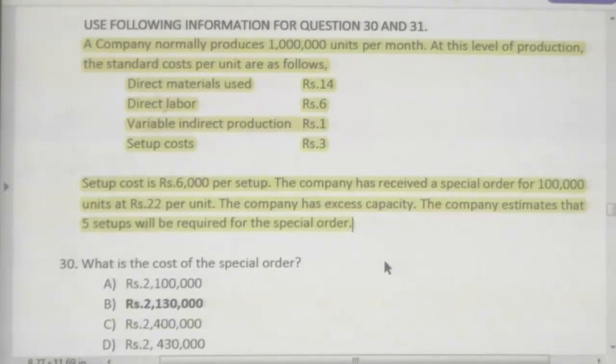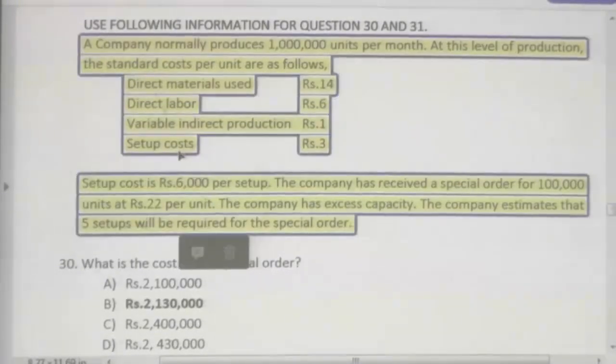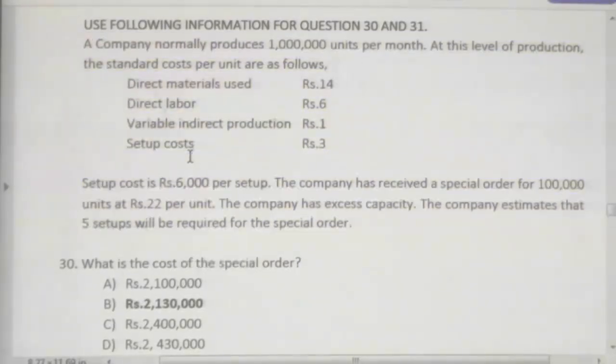There are 3 direct costs. However, this setup cost is very important, because this setup cost does not change with the total number of units, it will change with the number of setups. That's the point you need to learn, right?